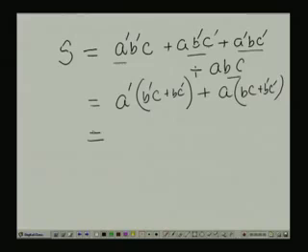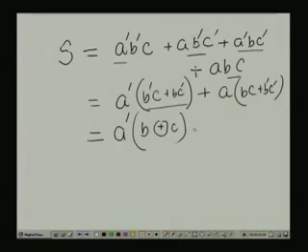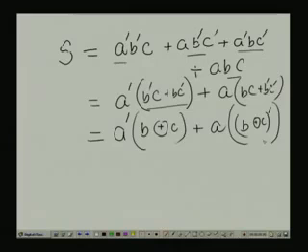Now we have already seen from the previous example in the last class that this is actually B XOR C, and this one is actually XNOR, that means the complement of B XOR C.